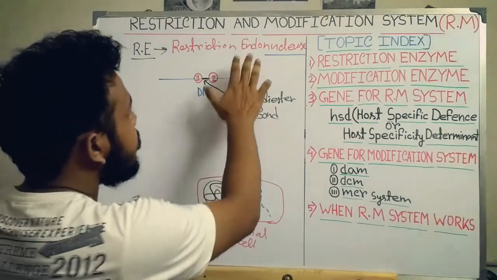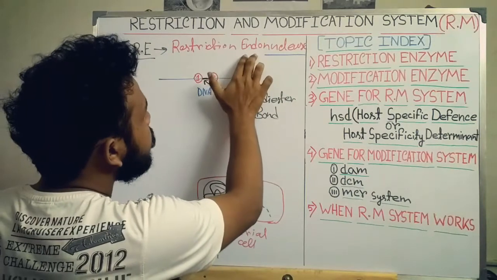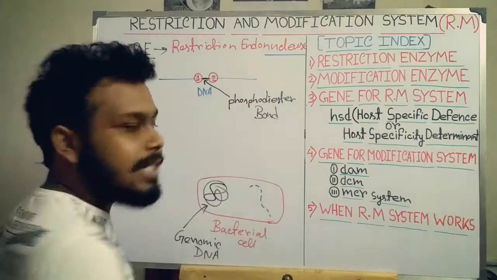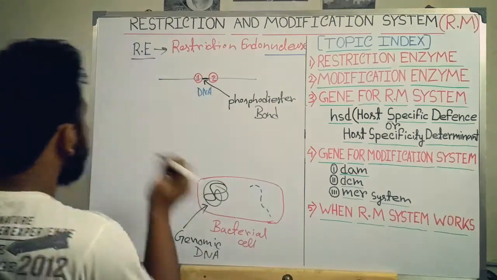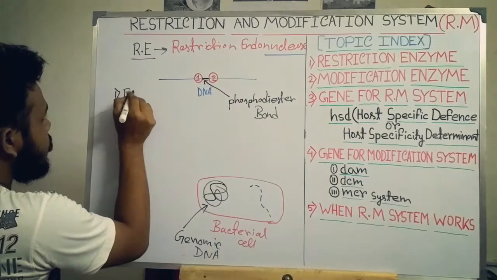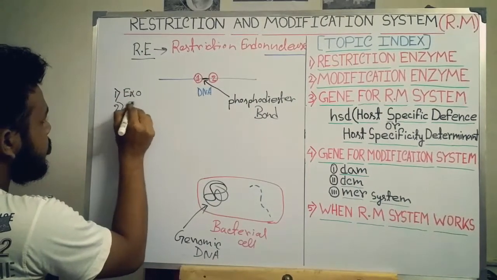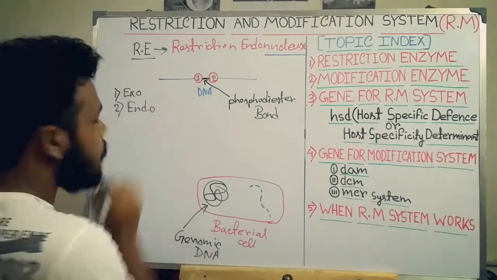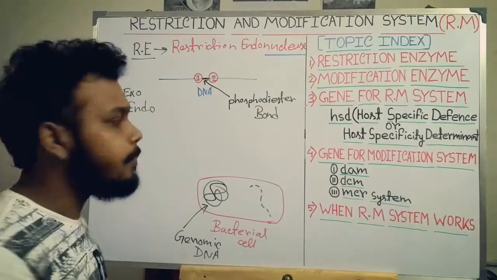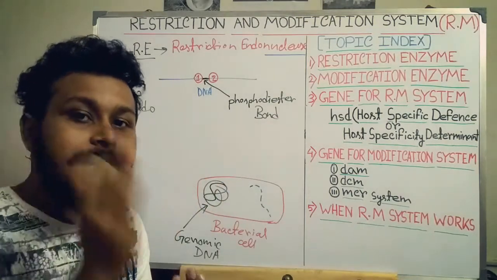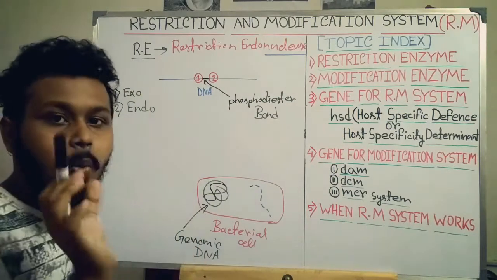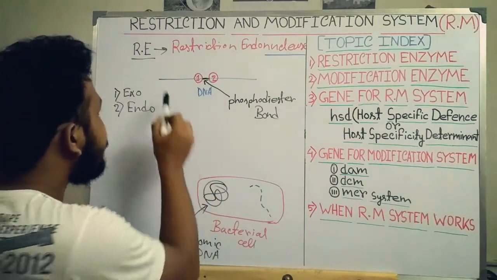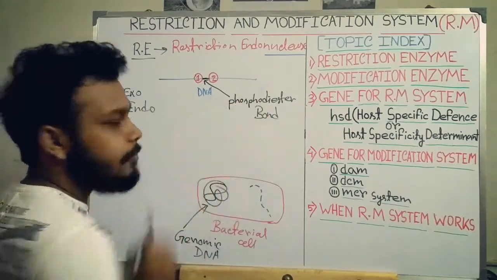Now you can see that an endo term is present. Actually the nuclease enzymes are of two types: one is exonuclease and another is endonuclease. At first we discuss the exonuclease. The exonuclease enzyme starts cleaving the DNA molecule from one end, either from this end or from this end.